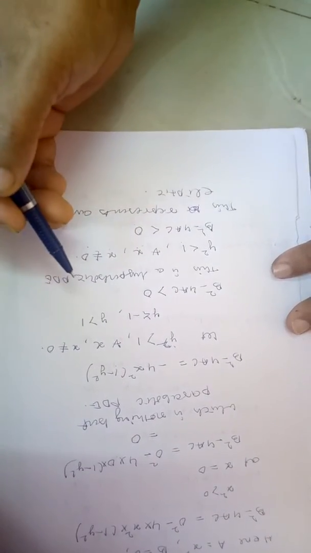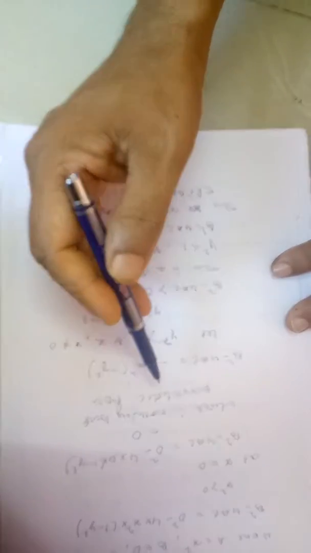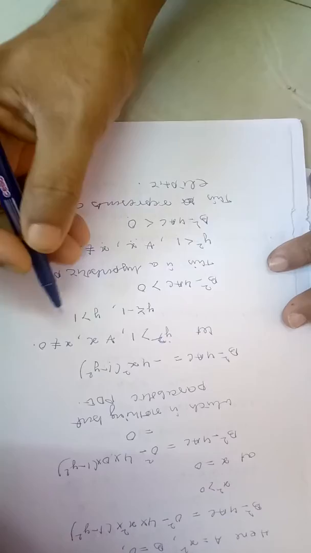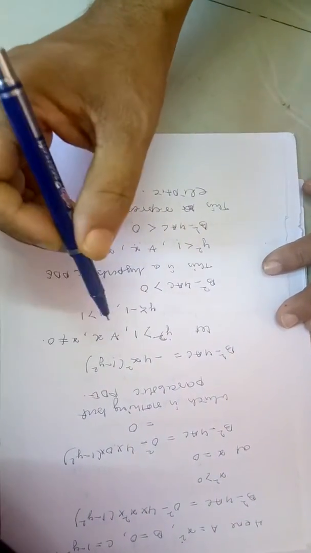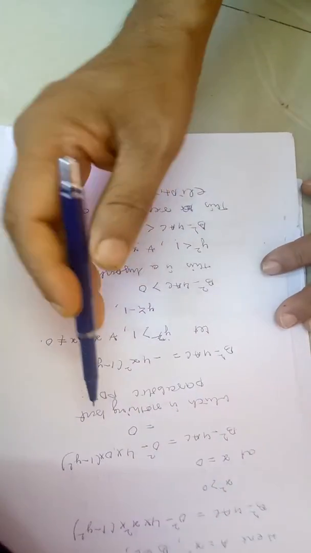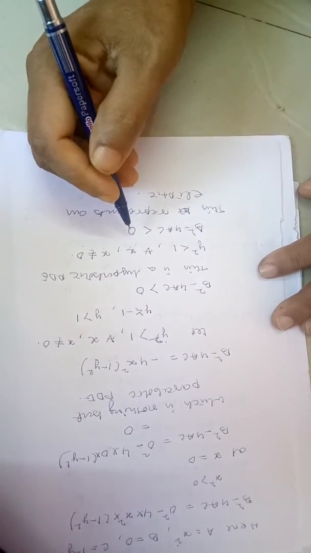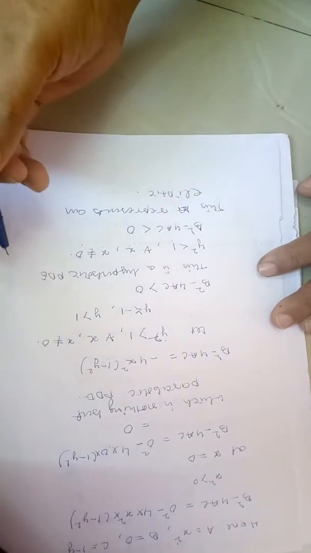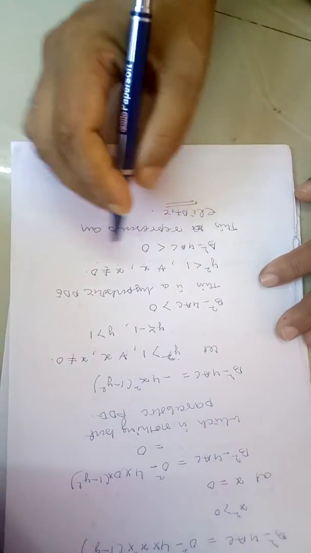Another thing you should remember here, this classification is only for second order PDE, not any other PDE. And you remember the second order PDE which is linear, that only is our point of discussion. So with this, today I stop my lecture.